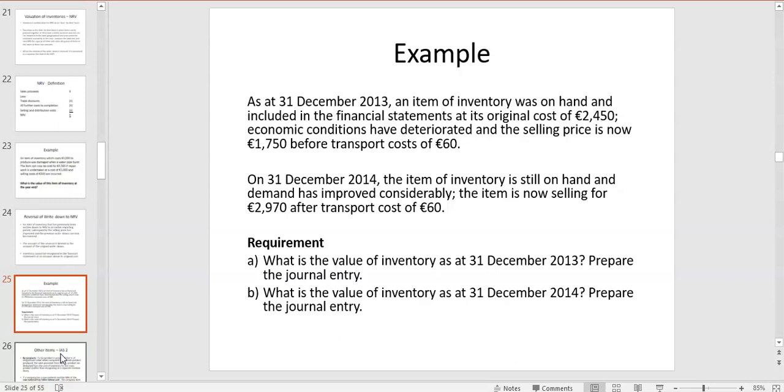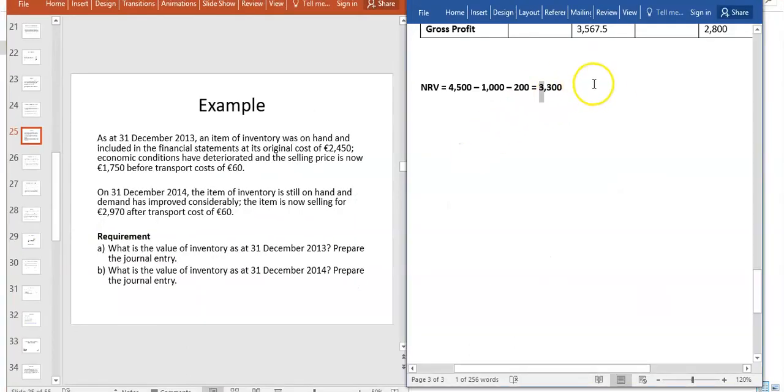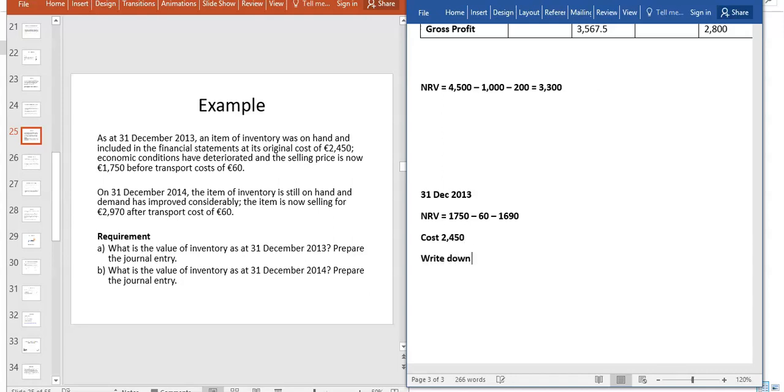As at the 31st of December 2013, an item of inventory cost 2,450. But economic conditions have deteriorated, you're in a recession, and the selling price is now 1,750 before transport costs of 60. So as at 31st December 2013, your NRV is 1,750 minus 60, which is 1,690. Your cost is 2,450, so that means you have a write down as cost is bigger than NRV.